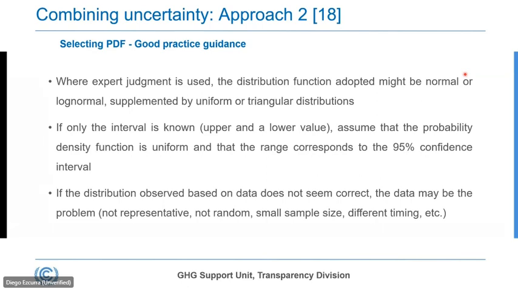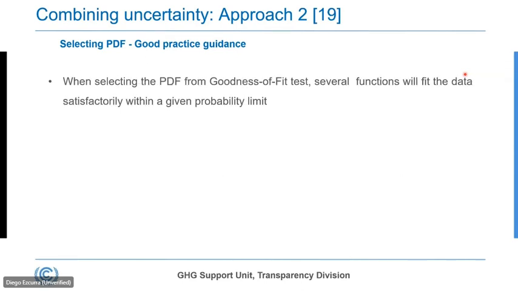And if you see that the probability density function you are using doesn't seem to fit, but you're quite confident that the probability density function is correct, the problem probably is the data you are using, that it's not representative, or that it has some bias, that it's not matching what it should be.